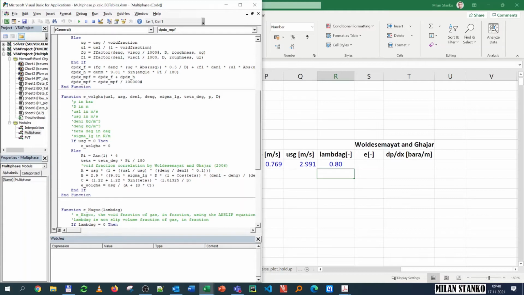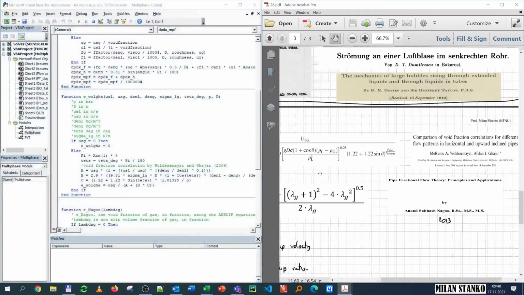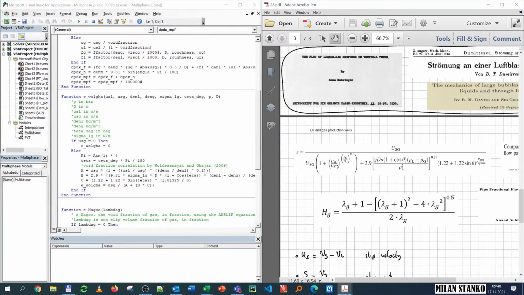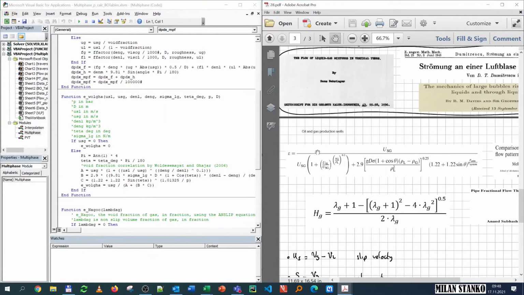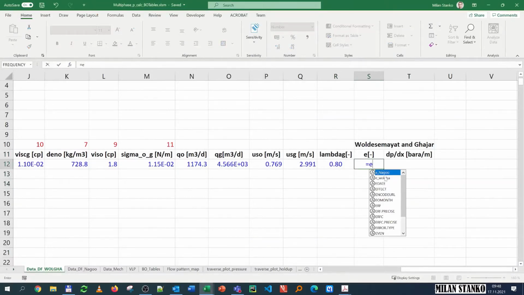Okay, and here I just make one thing: if you put USL equals 0, USG equals 0, I think then you get an issue with this expression. So I just say if it's 0, then it means that you don't have any gas, and you should put 0, otherwise evaluate the expression. So then we are going to use Volga.